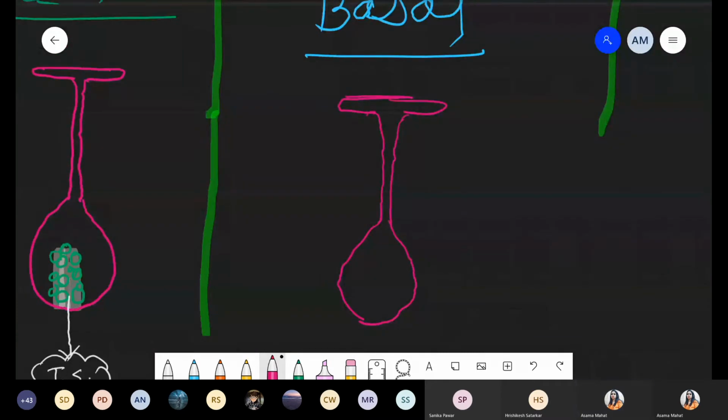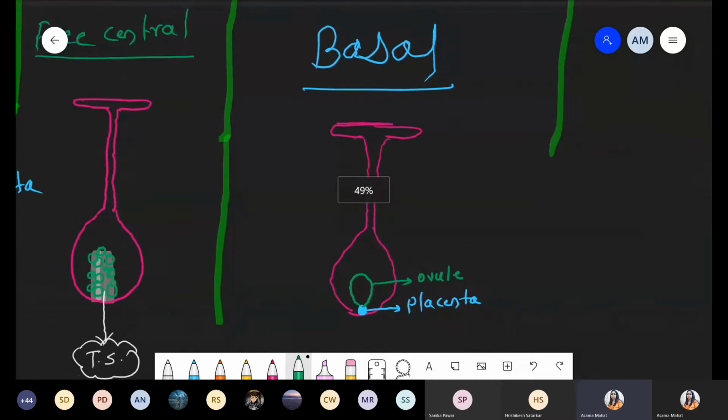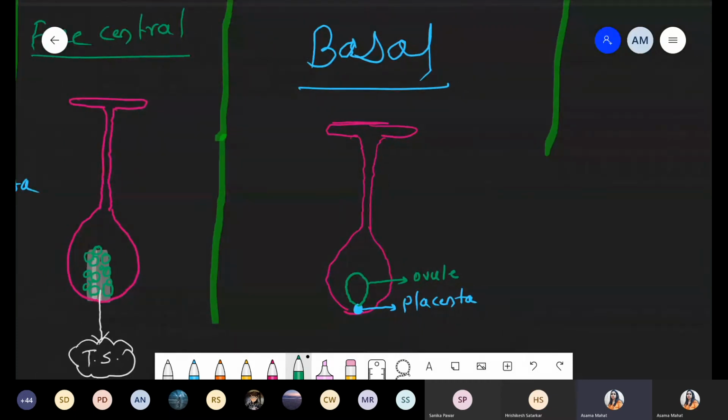Now placenta is present here, and on the placenta there is an arrangement of ovule, and if you see, a single ovule is present. Single ovule. Such basal placentation is the most advanced because it is showing the reduction process.